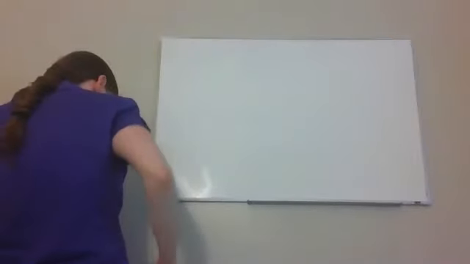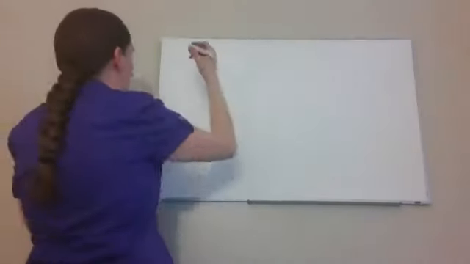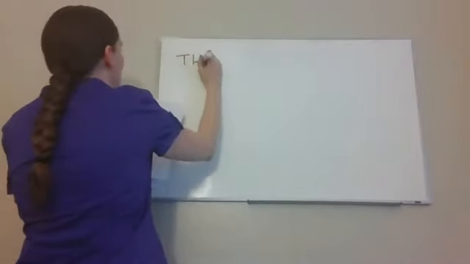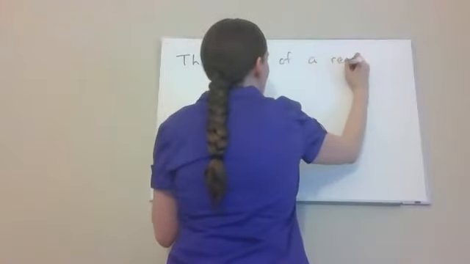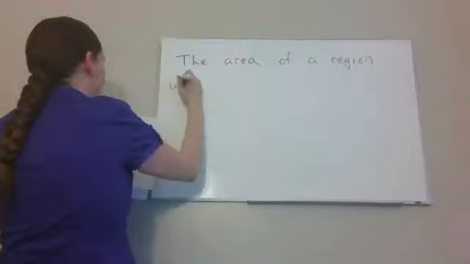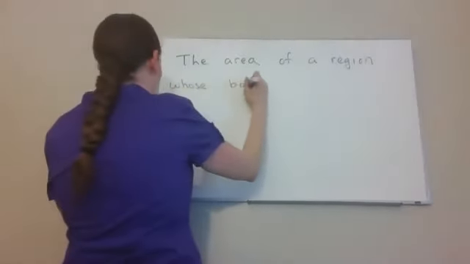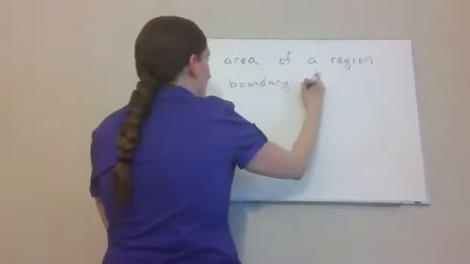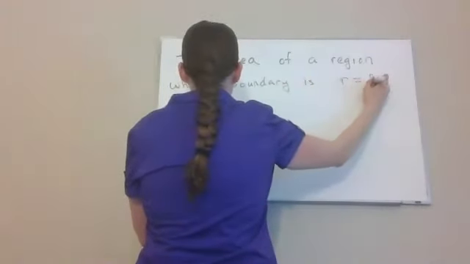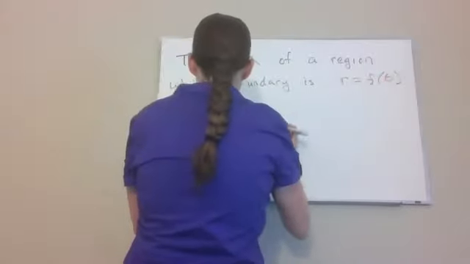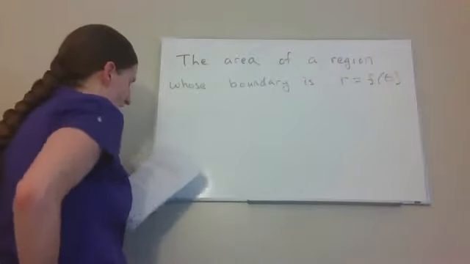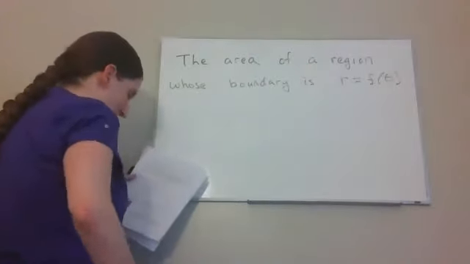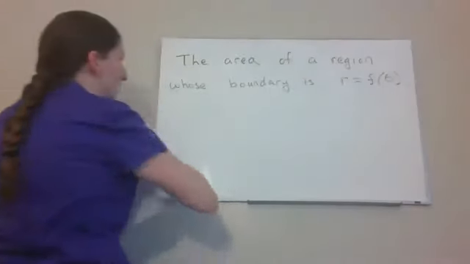Oops, I don't need to use green. The green probably won't show up as well. So let's use, here's a black marker. The area of a region whose boundary is a polar curve, r equals f of theta, and also bounded by the rays theta equals a to theta equals b, we get this formula for the area.